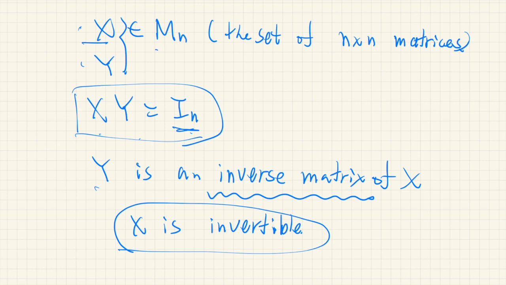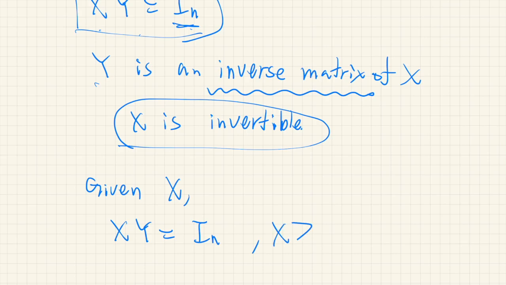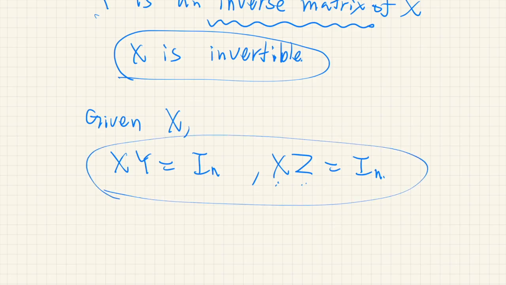Actually, for any given matrix X, if an inverse matrix exists, then we can show that the inverse is unique. Uniqueness here means: given X, if we have xy equal to In, and there is another matrix Z such that x times z is equal to the identity matrix, then we have y equal to z.